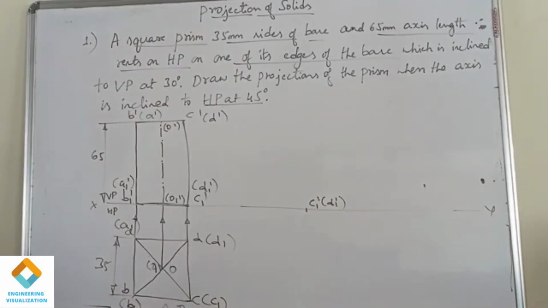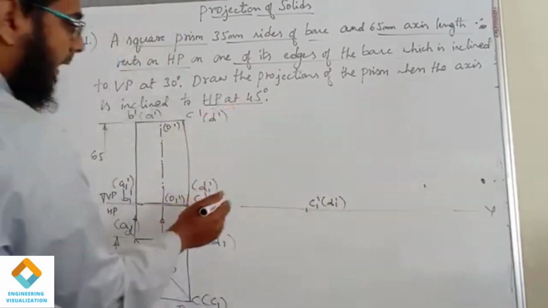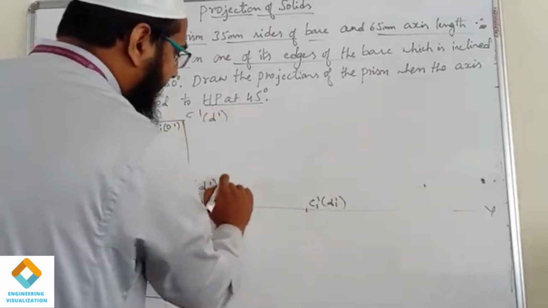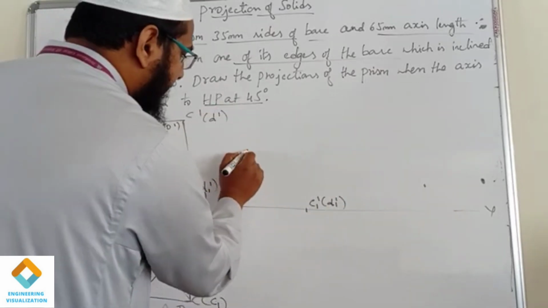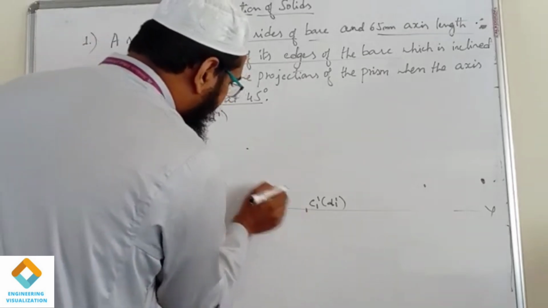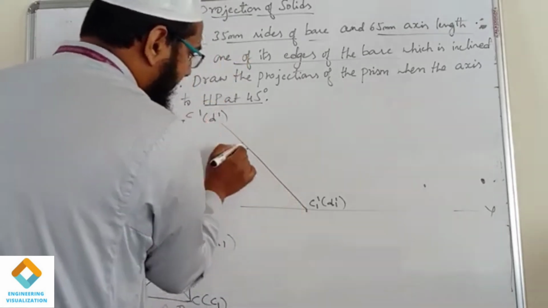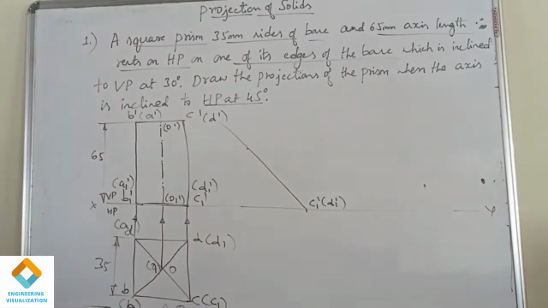Using the protractor, keep it exactly here and mark on the right side 10, 20, 30, 40, 45. Mark the 45 degree angle and draw an angle line.